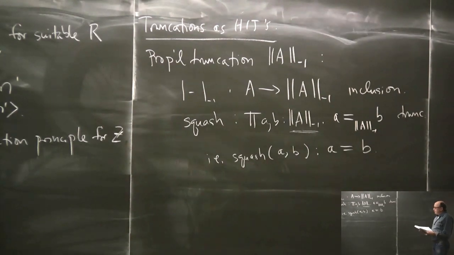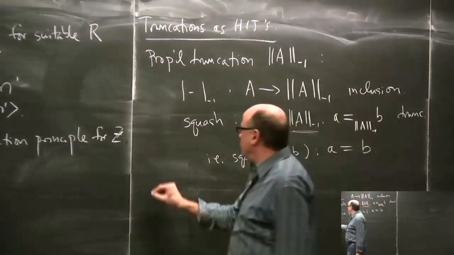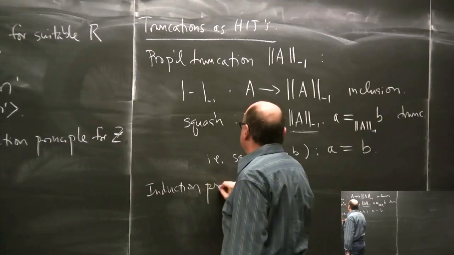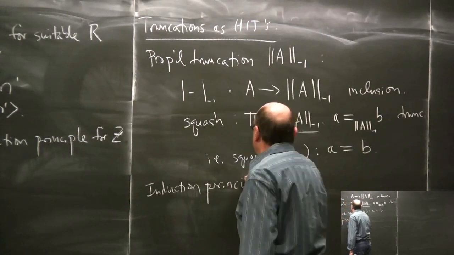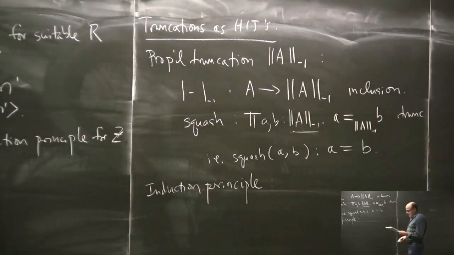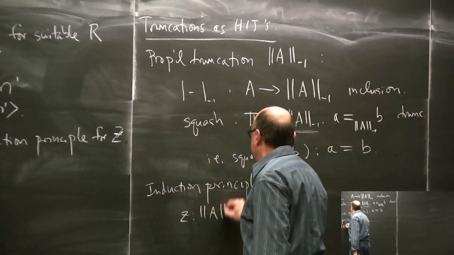Okay. So now if you take the elimination rule, the induction principle that arises from viewing it as an inductive definition is, lo and behold, going to be the one we wrote down before.